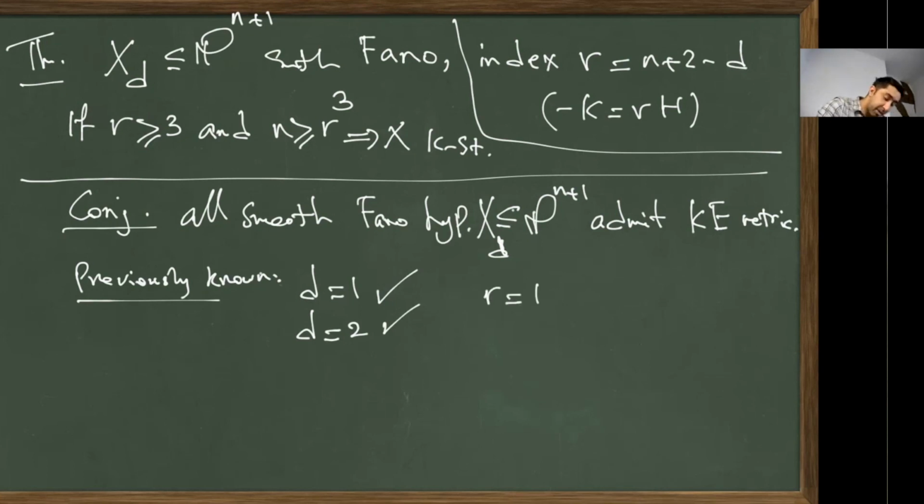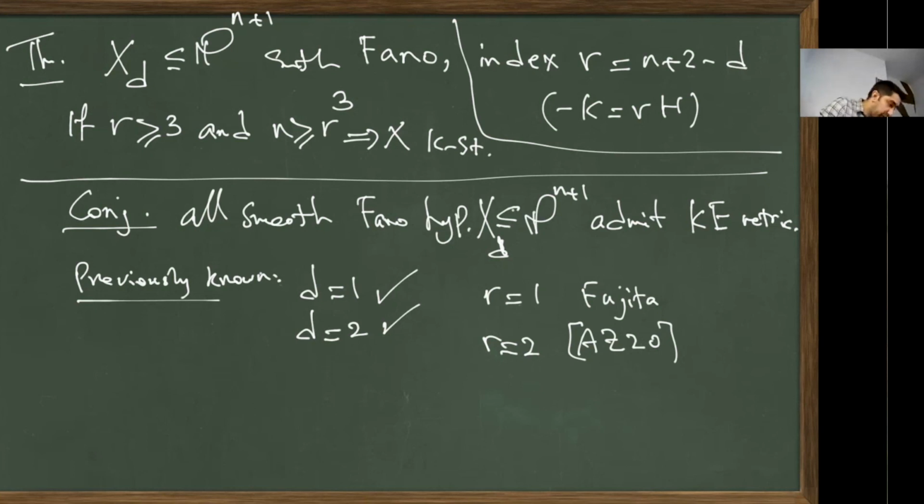If R is 1, so now I go to the top, the highest degree you can possibly have, this was Fujita, but you also saw that it follows from the theorem we had. R equal to 2 was AZ20 that we saw a few pages ago.